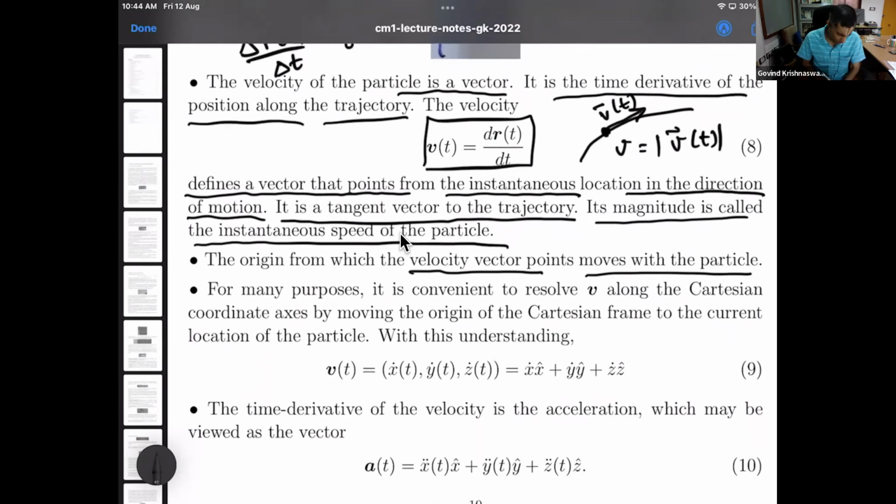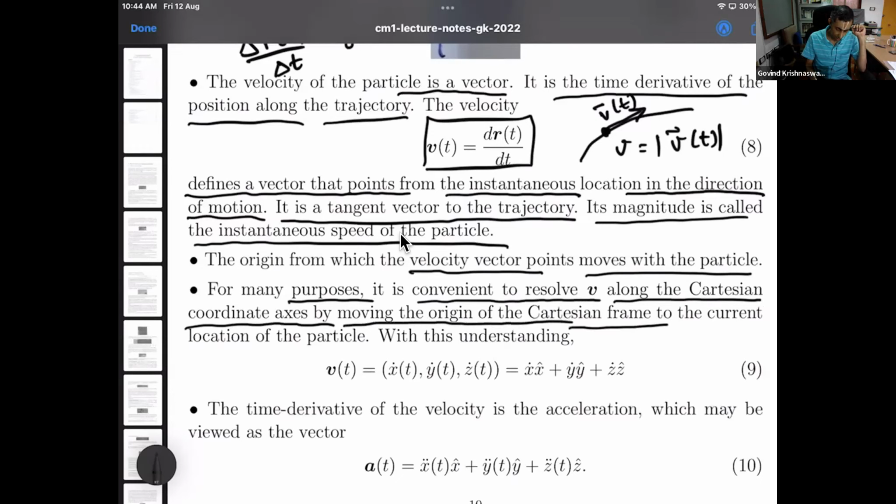However, for many purposes, it is convenient to resolve V along the Cartesian coordinate axis, which we had pre-specified, just some kind of convenient choice. Yeah, by moving the origin of the Cartesian frame to the current location of the particle.